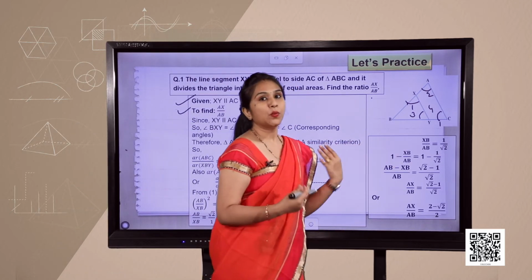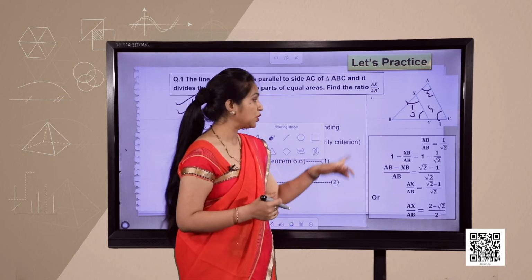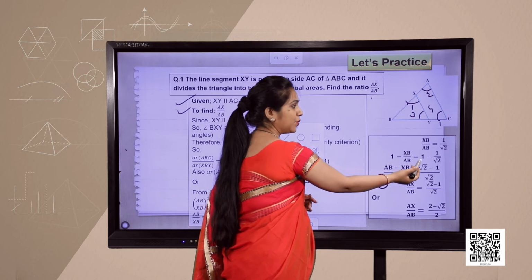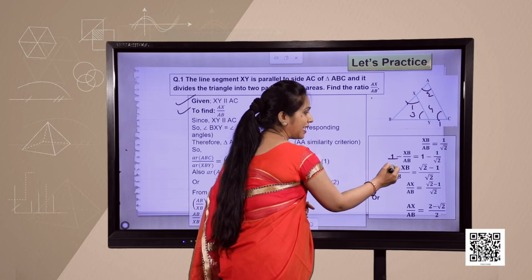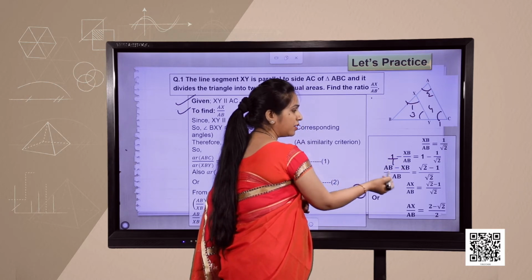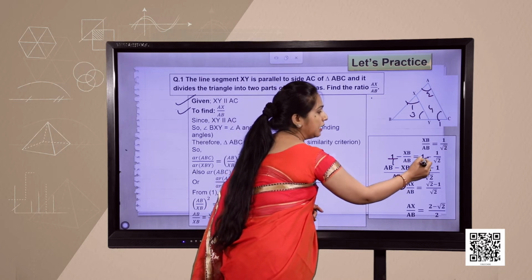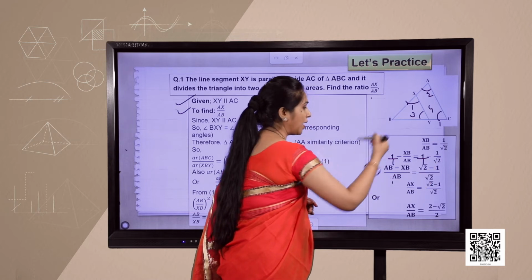Now, children, we are subtracting both sides of this equation from 1. So, we are writing this as 1 minus XB upon AB is equal to 1 minus 1 upon root 2. Now, take LCM here, LCM will be AB only. Here on the numerator we will have AB minus XB is equal to, again LCM is root 2, on the top we will have root 2 minus 1.